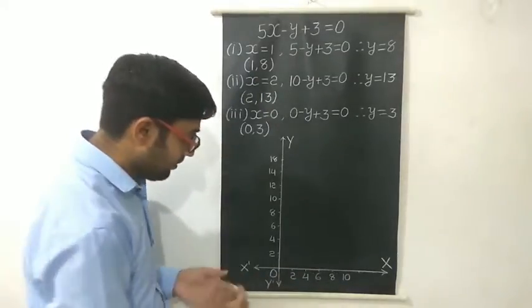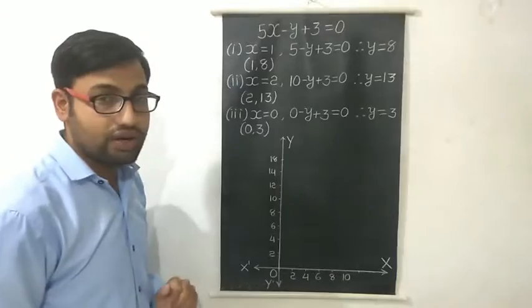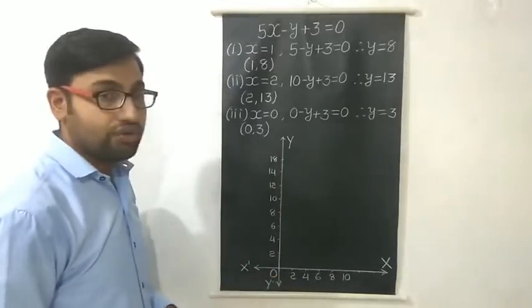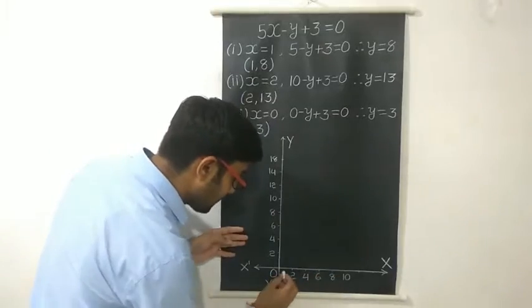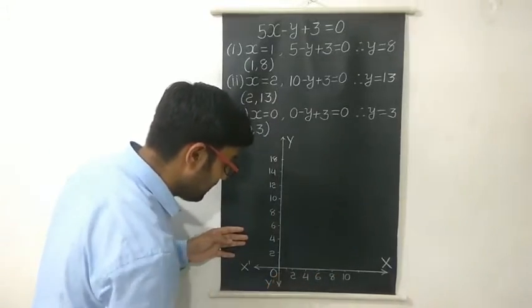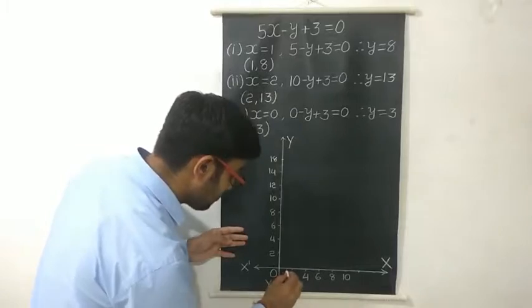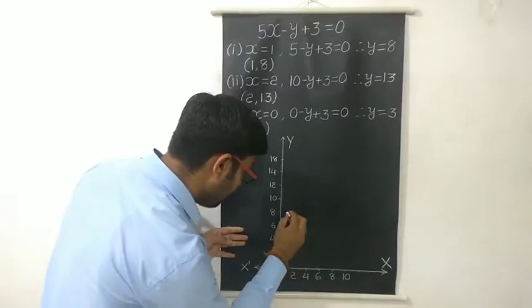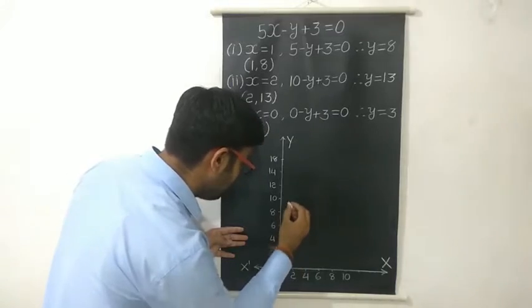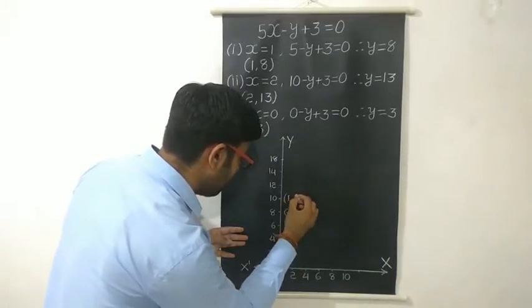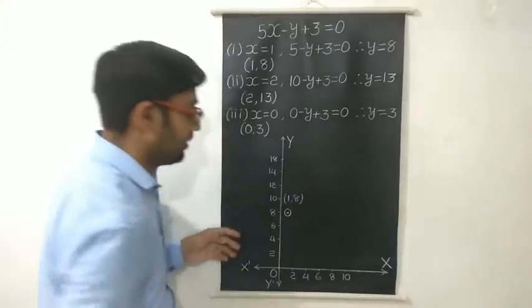So 1 is exactly in between 0 and 1. And the second value y is 8. So 1 on the x-axis will be here and 8 will be here. So the point we get here is 1, 8. Right?